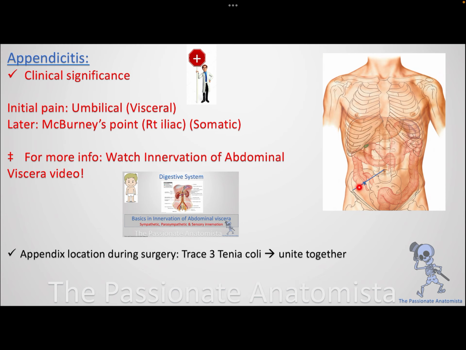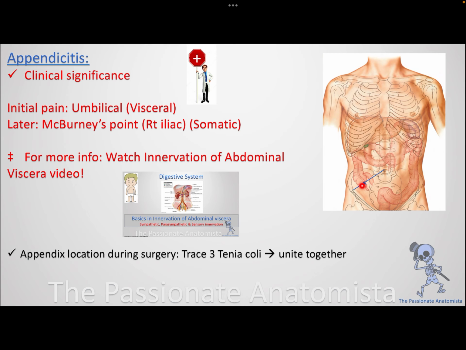Because the inflammation is very high, that causes the appendix to reach the parietal peritoneum, and the parietal peritoneum is supplied by somatic nerves. Somatic nerves give localized sharp pain, so that gives me a sign, and that happens after some time. It doesn't happen initially.